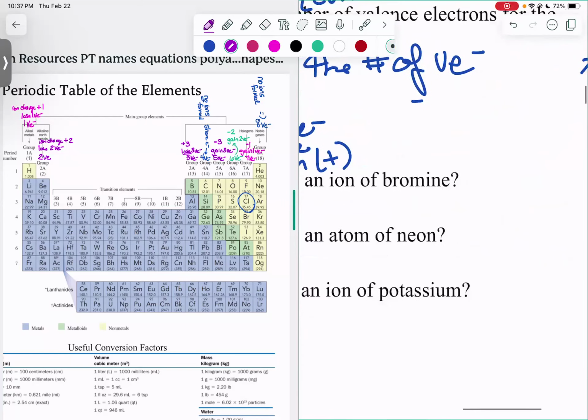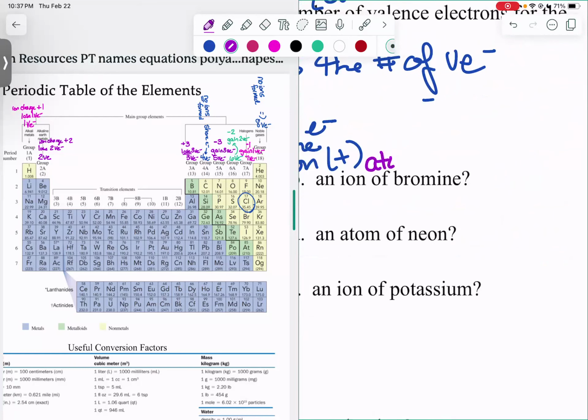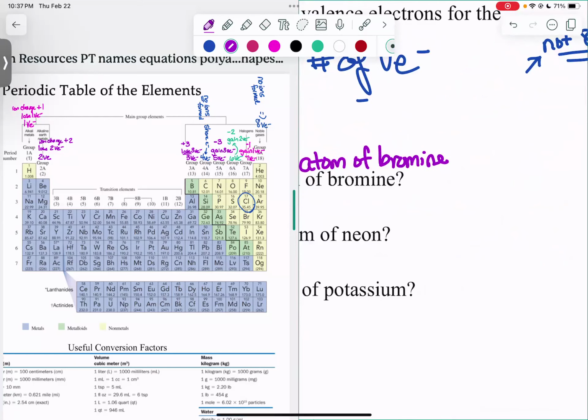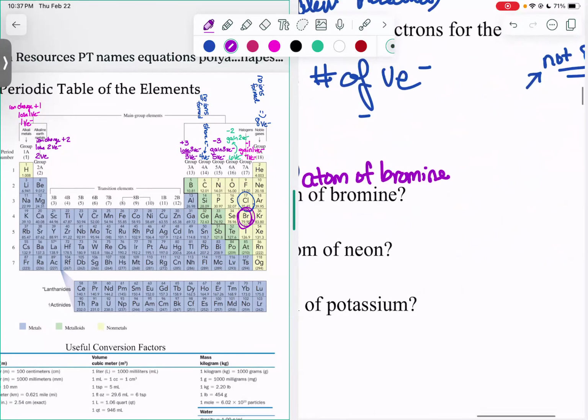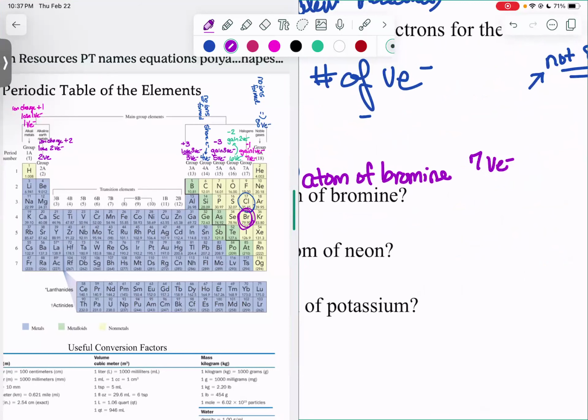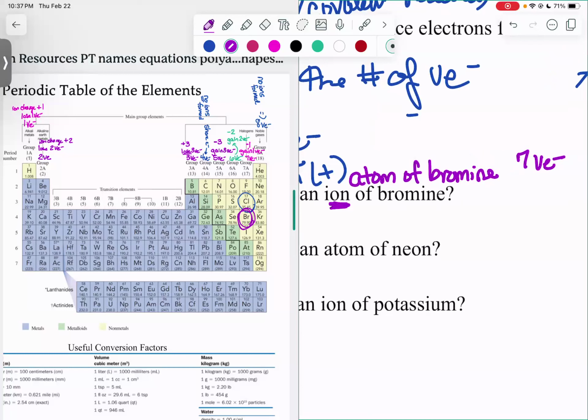All right, so an ion of bromine, and let's also do an atom of bromine. So let's start with an atom of bromine. If we are bromine, we're right here under chlorine, so bromine also has 7 valence electrons. So what's bromine going to do to turn into an ion?